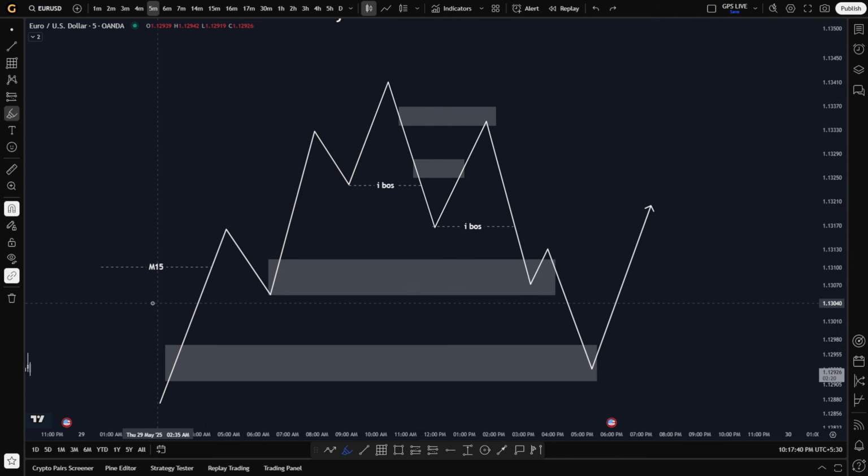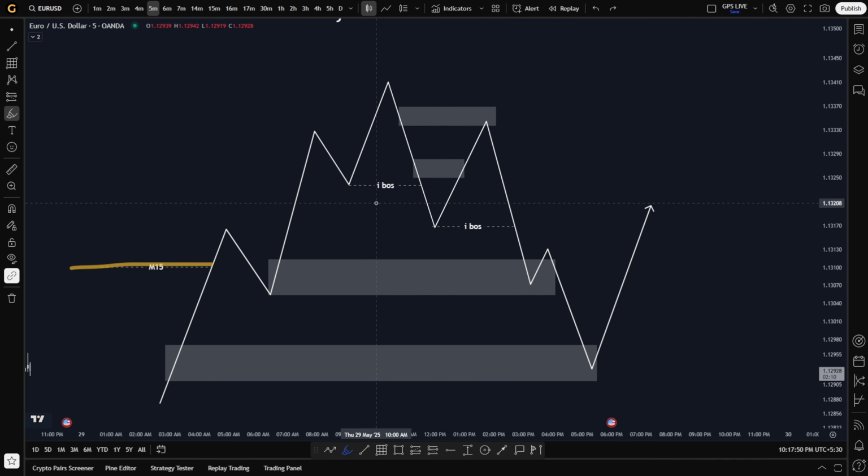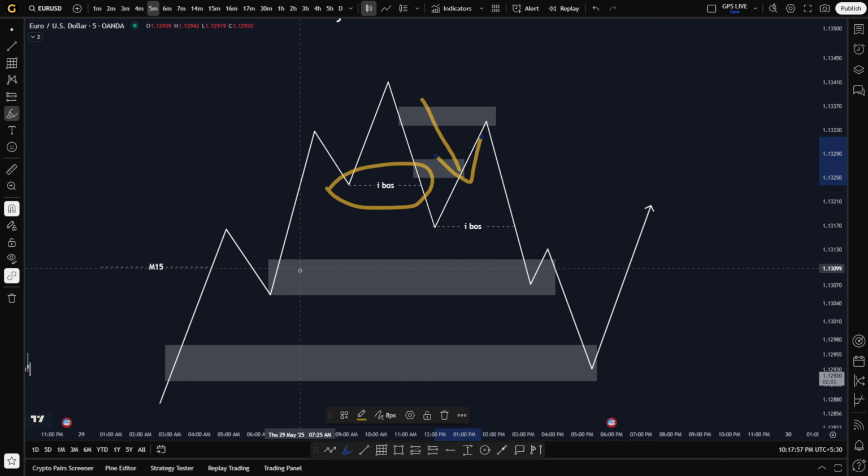Alright, so now if you see here, we get an upside BOS on M15, the market goes up, and then we get an internal BOS, which is right here, an IBOS. So usually after an internal BOS, we take sell entries targeting these two order blocks in this structure, right? So that's the usual drill in smart money concepts.